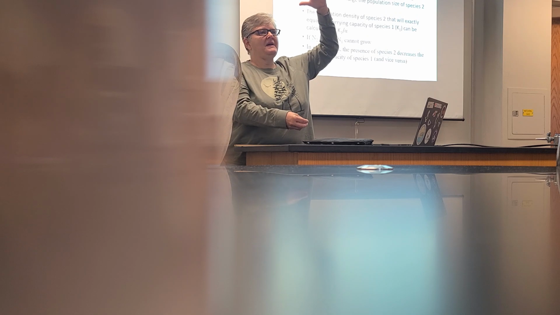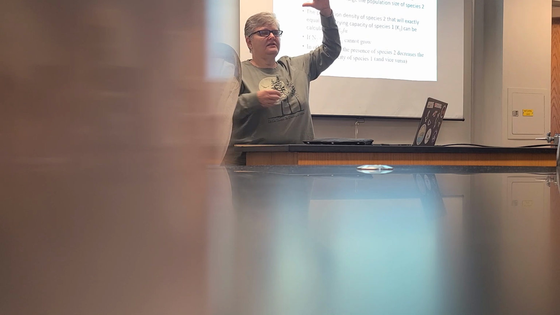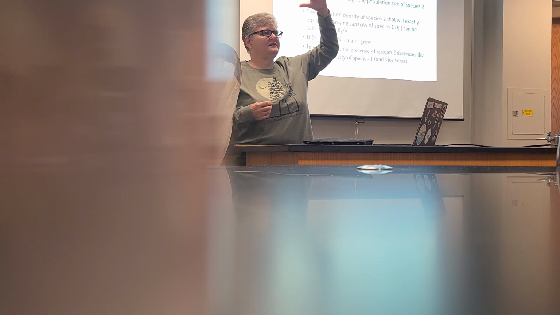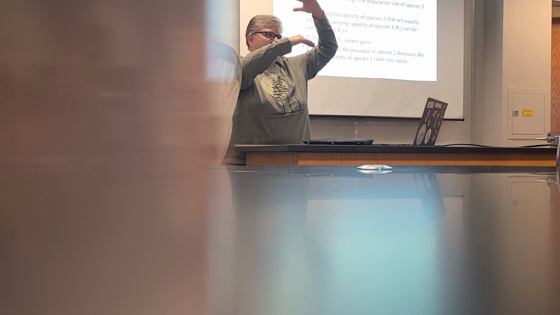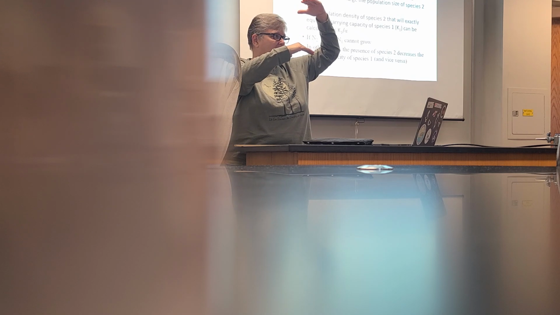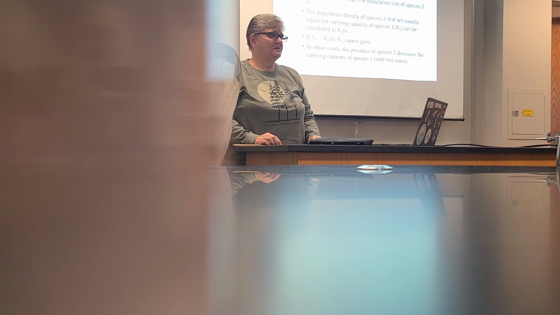Now if we put the turkeys back in, the deer and the turkeys are both eating acorns, meaning that there's less acorns available for the deer. And so what that's going to do is it's going to cause the carrying capacity to be here. It's going to lower the carrying capacity of deer because there's less food available, because it's being eaten by the turkeys. Okay, has everybody got that?